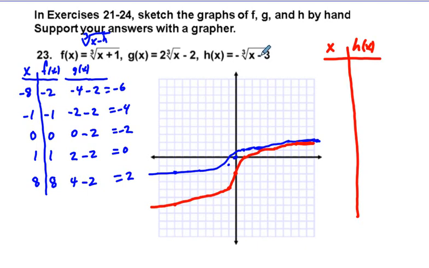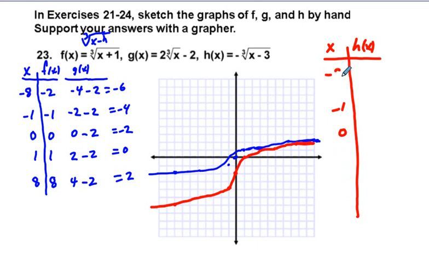The negative 3 is going to translate 3 to the right, but I'm going to translate that later. But we're going to take the negative, so I have to keep track of it.